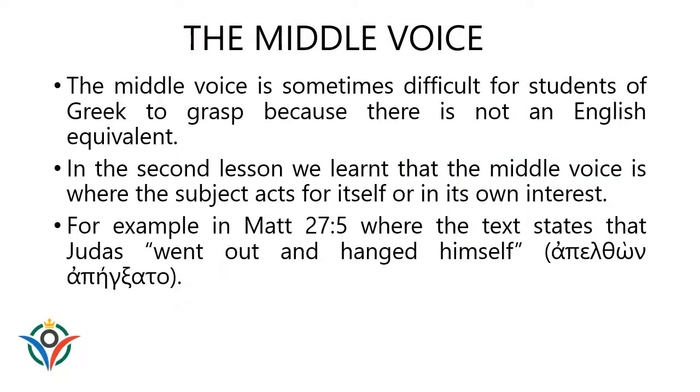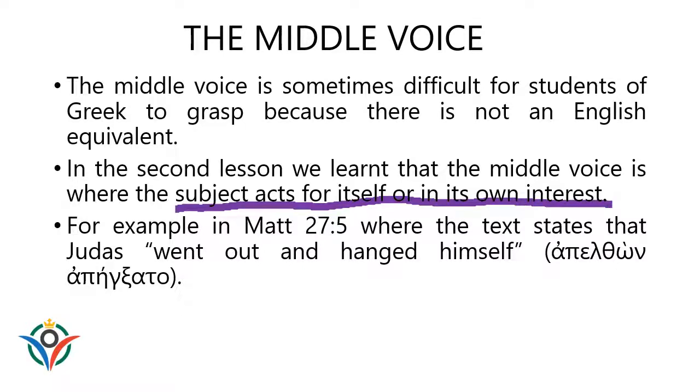Let's begin with the middle voice. As it says here, the middle voice is sometimes difficult for students of Greek to grasp because there is not an English equivalent. In English we have an active and a passive voice, but we don't have a middle voice. And in the second lesson of the series, when I was introducing the voices to you, we learned that the middle voice is where the subject acts for itself or in its own interest.